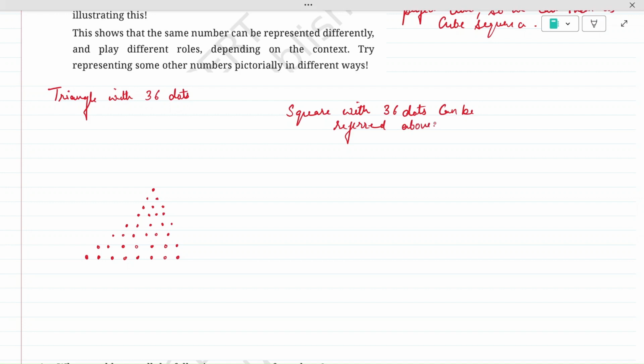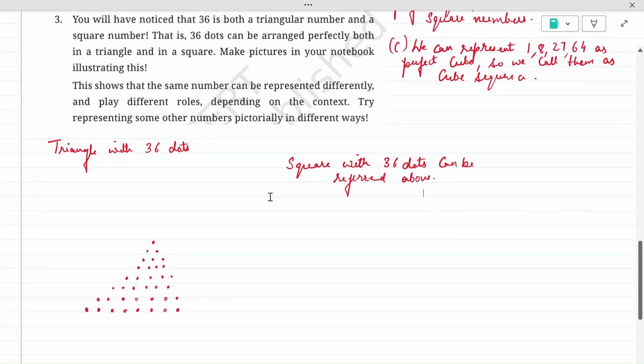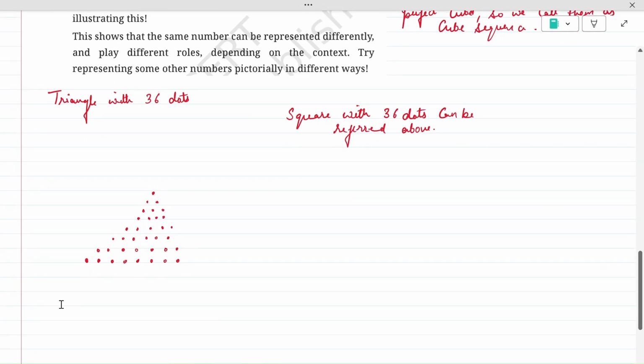Now, the next part of this question says that this shows that the same number, like 36 we took in this example, can be represented differently and play different roles depending upon the context. So try representing some other numbers pictorially in different ways. So let me take another number.